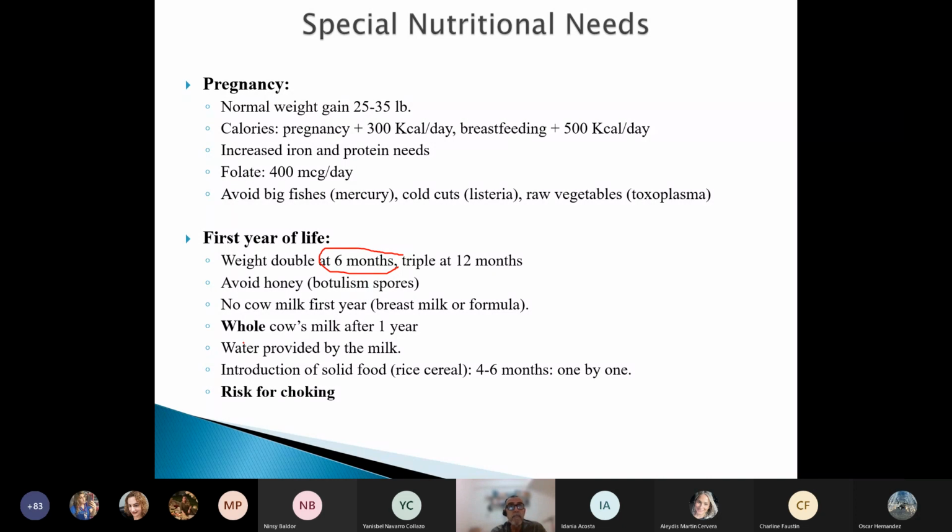And don't forget that while the baby is consuming only milk, which is going to be 4 to 6 months, the baby doesn't need to drink water, apart from the water provided by the milk.